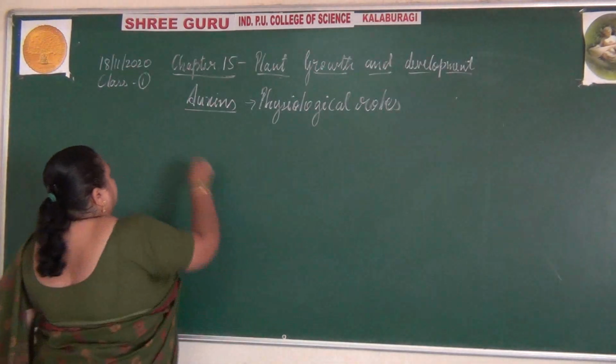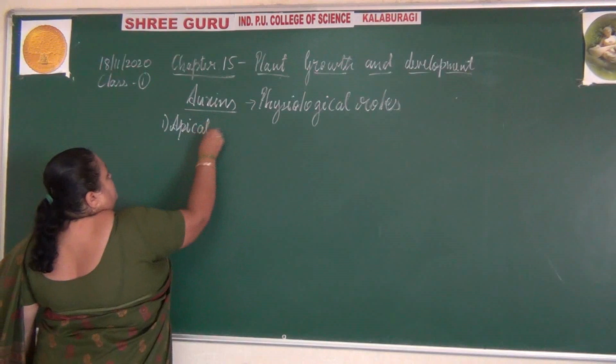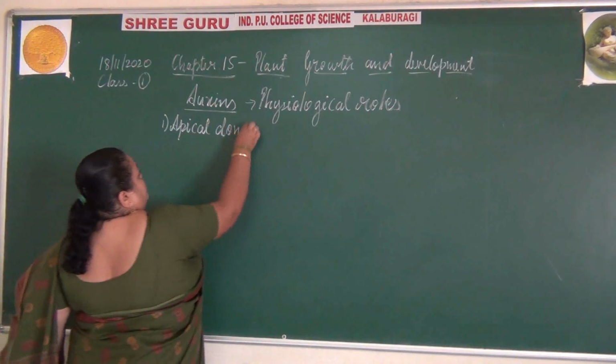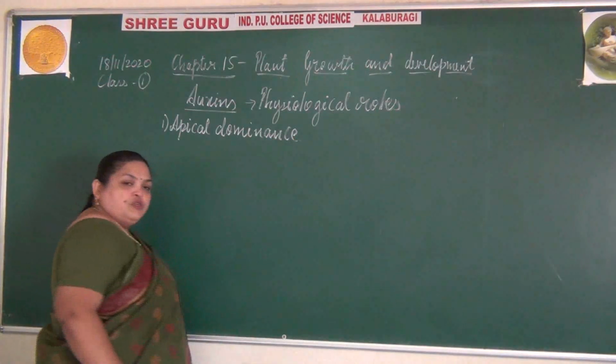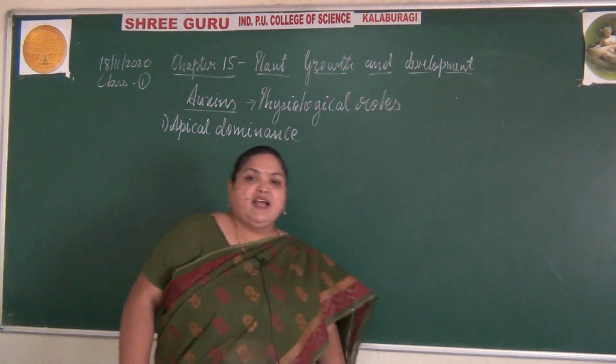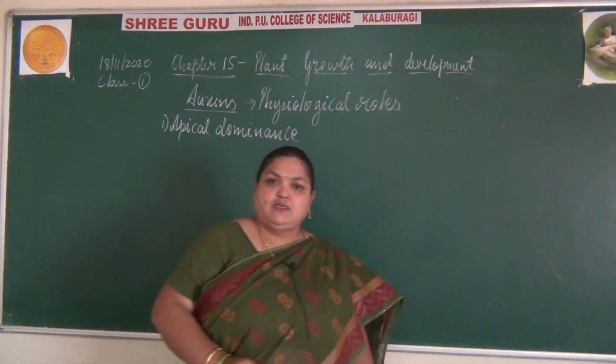First is apical dominance. Usually in plants there are two forms of buds, apical buds and axillary buds.